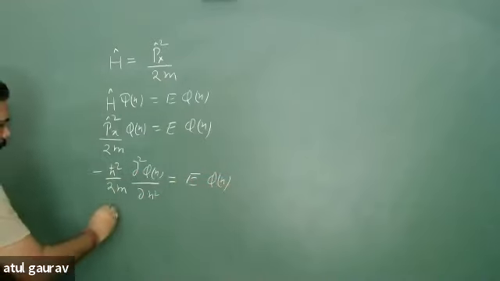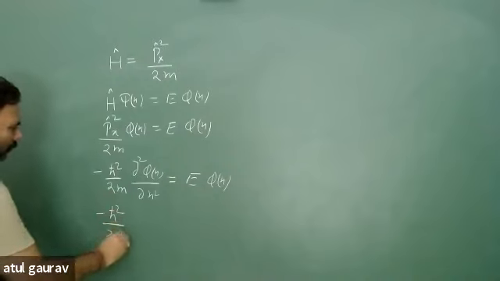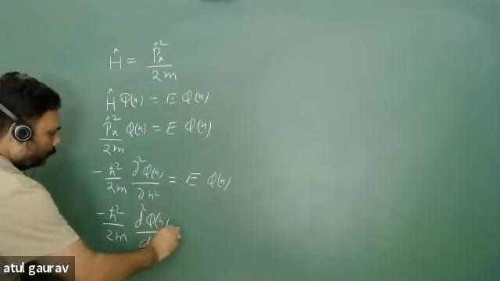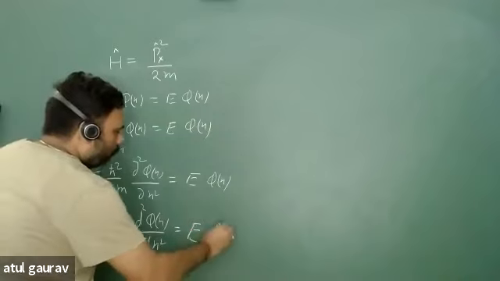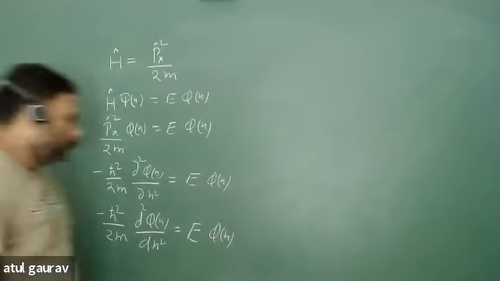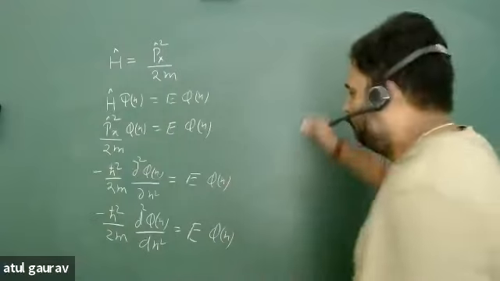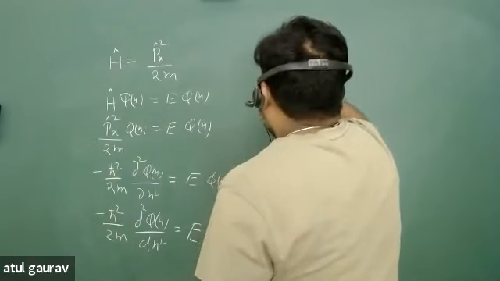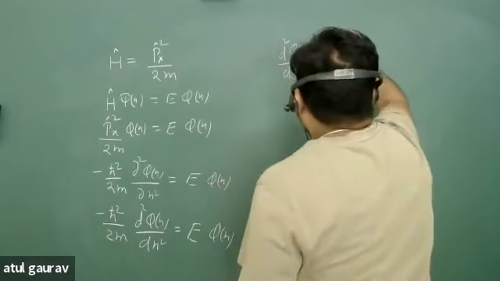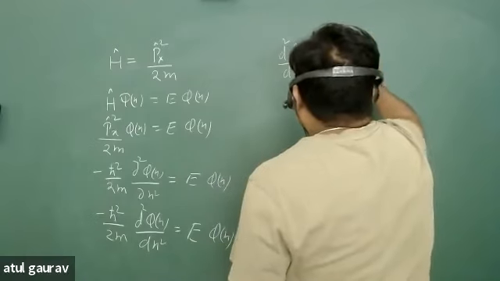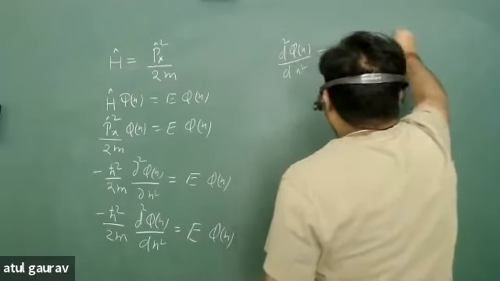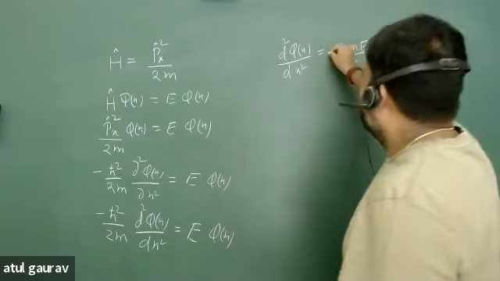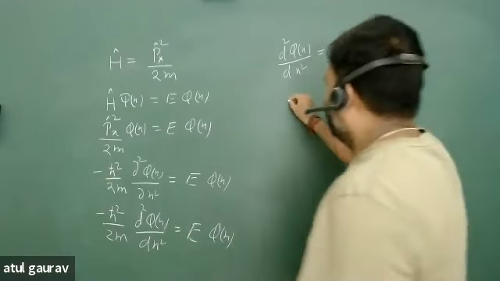Now this thing is minus h cut square upon 2m d square phi(x) upon dx square is equal to E phi(x). So you can write this whole thing as d square phi(x) upon dx square is equal to minus 2mE upon h cut square phi(x).